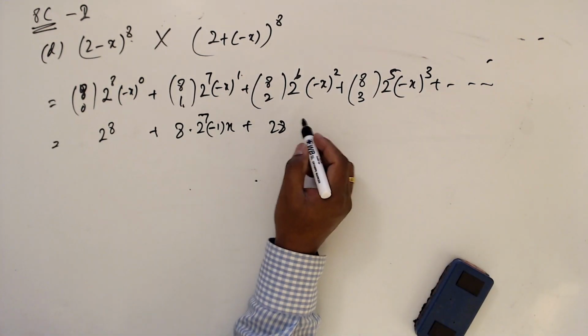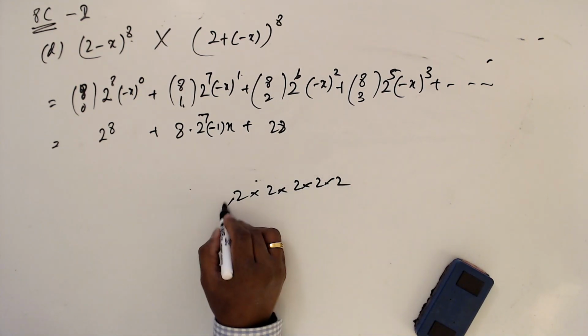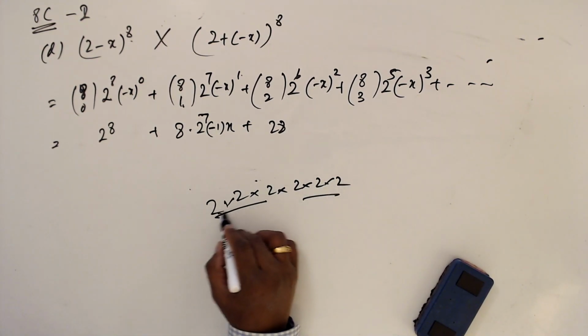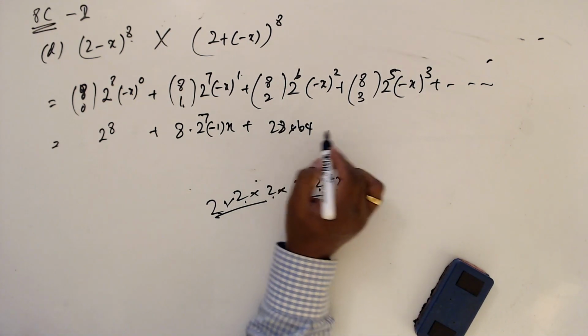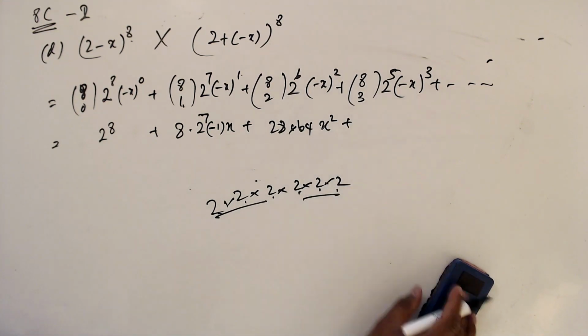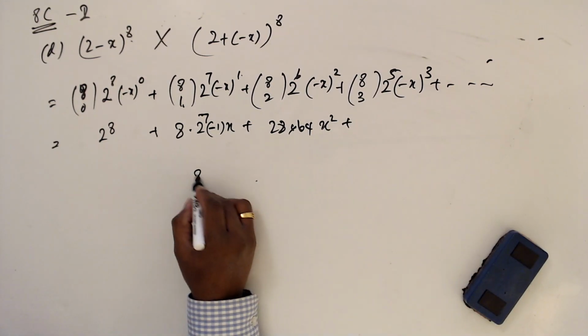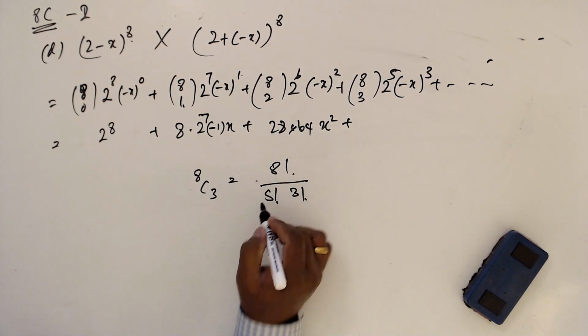2^6 means 64, times x square, plus again 8C3, which is 8 factorial over 3 factorial 5 factorial.